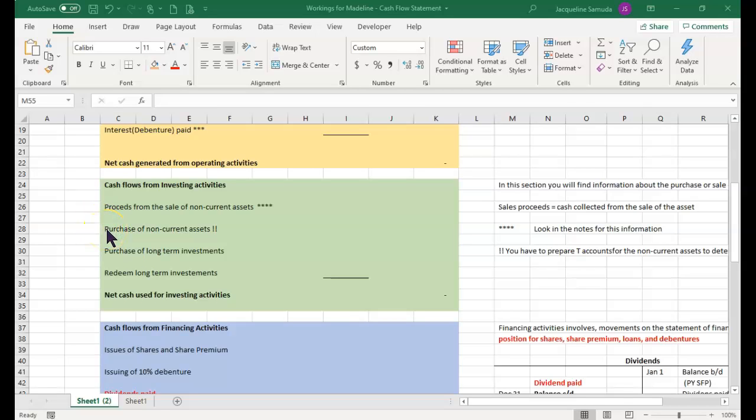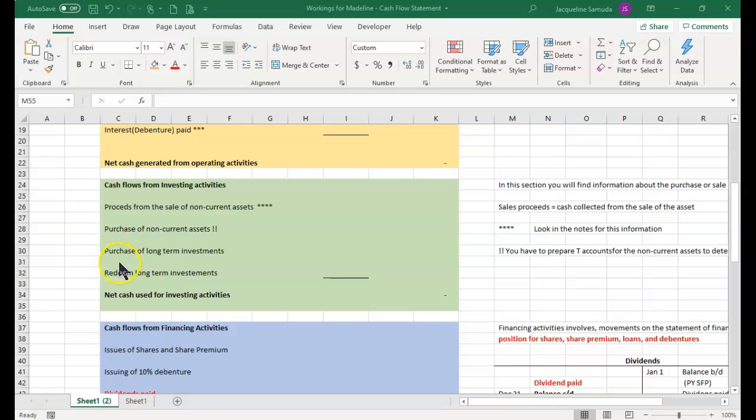Also in this section, if any non-current assets are purchased, again, the money that is spent for that will also fall in this section. Now let me just interject here and say that any cash that comes into the business will be shown as a positive figure, and any cash that leaves the business, as in the case where they are buying new assets, will be shown as a negative or bracketed figure.